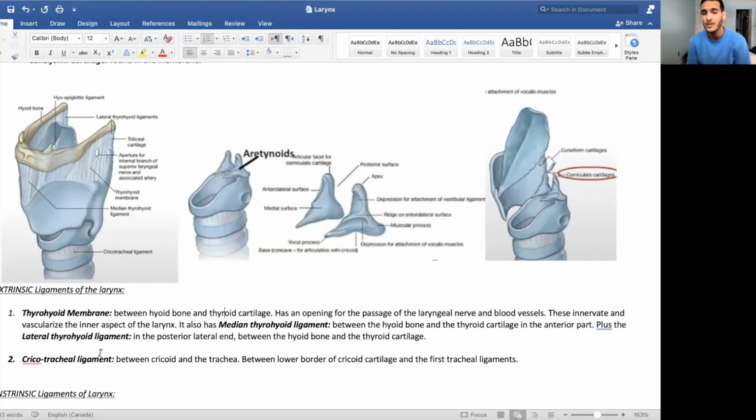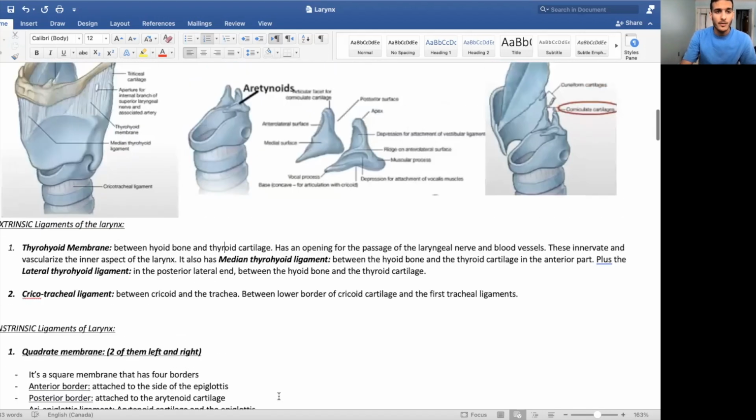These are the extrinsic ligaments, on the external aspect, connecting the larynx with the structures that surround it externally: superiorly to the hyoid bone and inferiorly to the trachea. To the hyoid bone, we have the thyroid membrane, made up of the median and the lateral. And inferiorly, the cricotracheal ligament connects the cricoid cartilage to the first ring of the trachea. Okay, now we've finished the extrinsic ligaments.